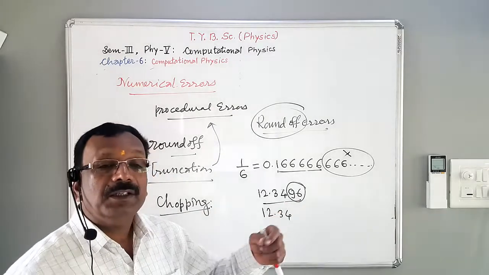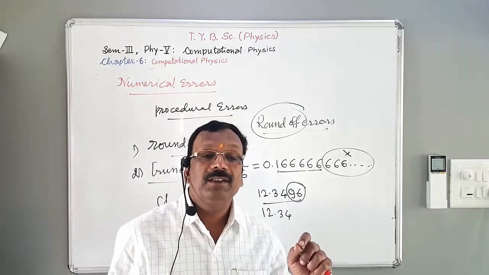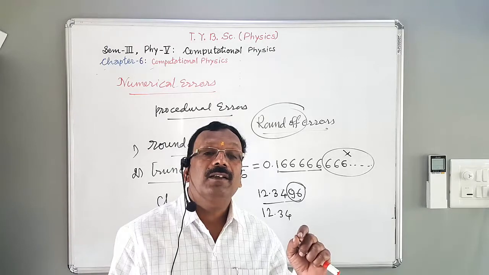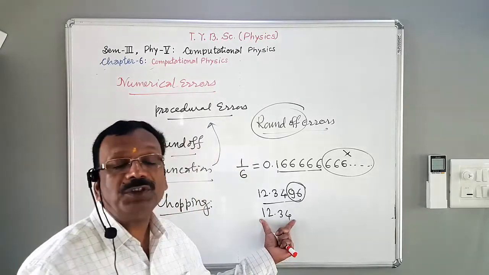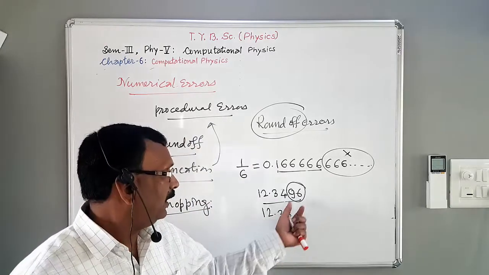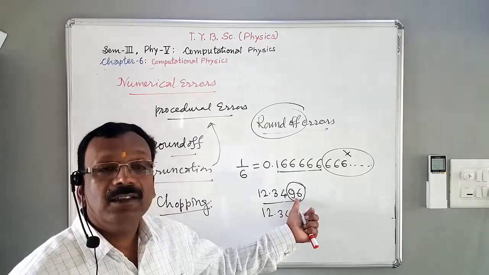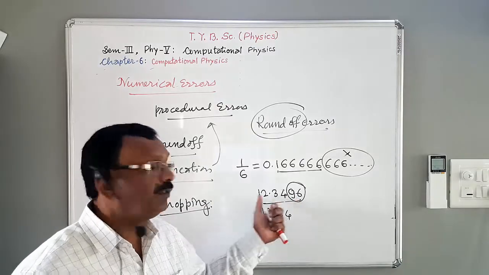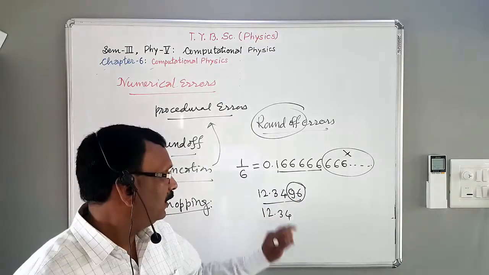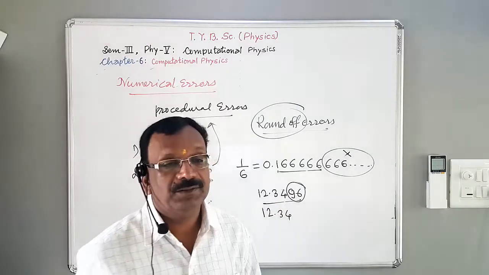Because due to the limited, fixed 4 digit capacity, only the first 4 digits are considered and the remaining digits are omitted or truncated. So this is called chopping. Chop means we omit the extra digits.